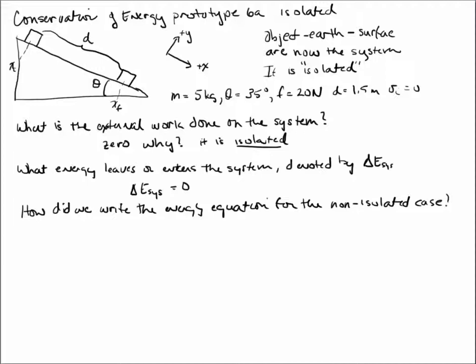If you recall, we had the frictional term on the left-hand side, and we had the two internal energies, the potential and the kinetic energy changes on the right-hand side. So we wrote it as minus the work of friction through distance d equal to the change in kinetic energy plus the change in gravitational potential energy.